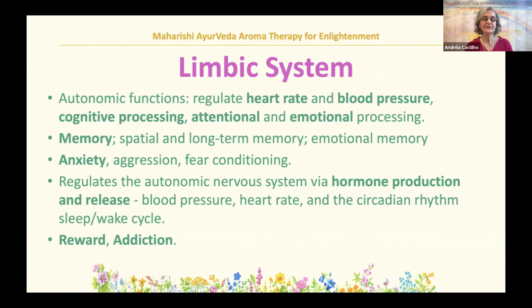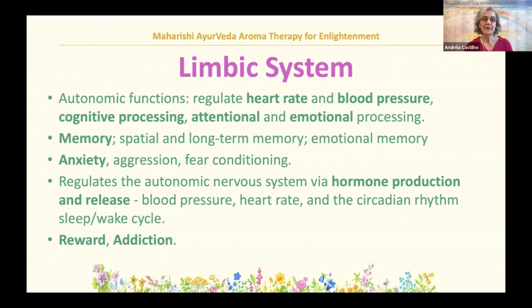But besides that, it also controls cognitive processing and the processing of attention and emotions. So you have physical features like heart rate, blood pressure, and breathing, but also mental functions like cognitive processing and attention, and the emotional side, emotional processing.